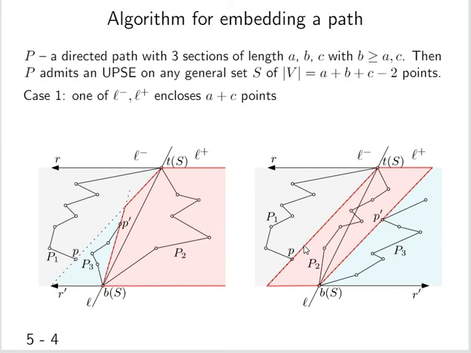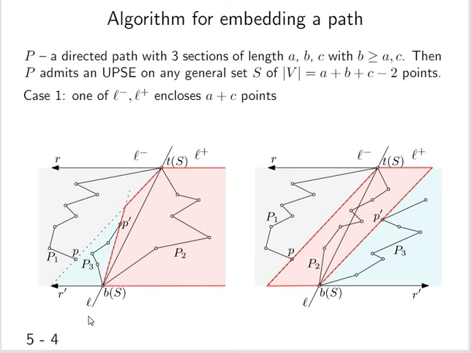And then if one of the half planes encloses enough points, meaning that the total of both the first and third branches, then it's the left case, and otherwise it's the right case.